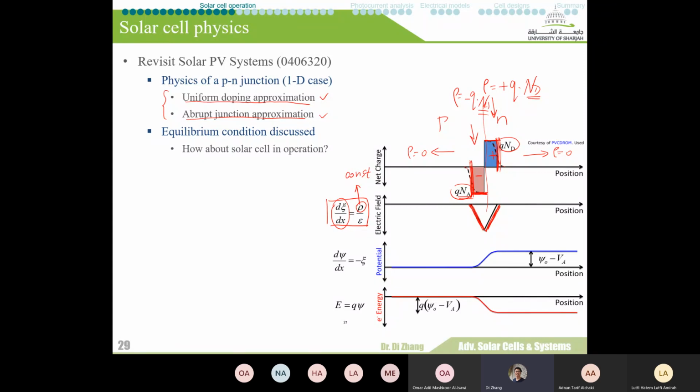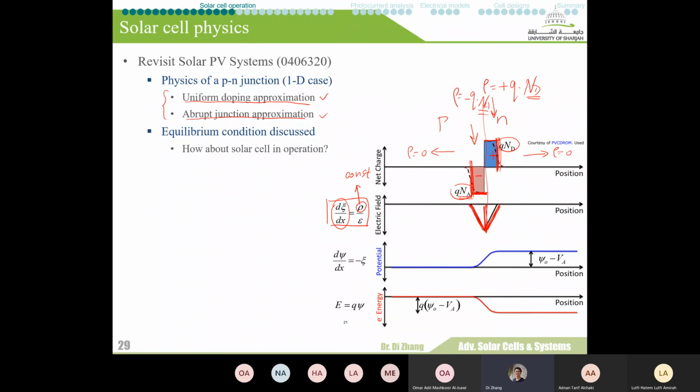And then you can see actually they meet in the center because the electric field has to be continuous. So given this continuity, we can actually solve the whole electric field. That is precisely what we did back in solar PV. Okay, so you will see the maximum electric field specifically at the interface between the p-type and the n-type region.